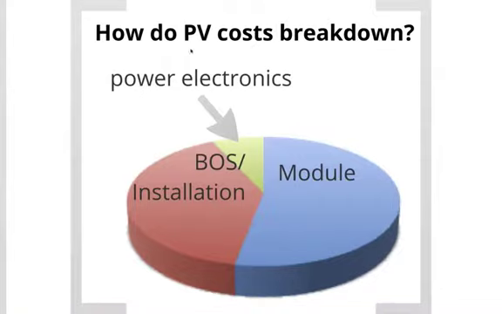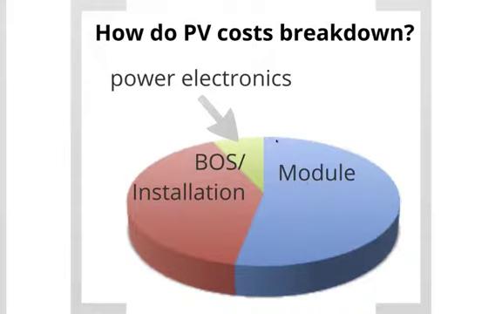But we can look at how PV costs break down in a very high level perspective along 3 segments. So there's the module itself, which of course includes the panel, all the materials that go into the panel, including the silicon, the contacts, the glass cover, any aluminum frame, whatever, right?